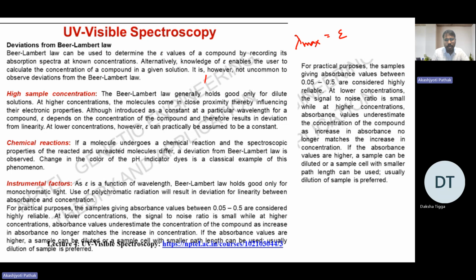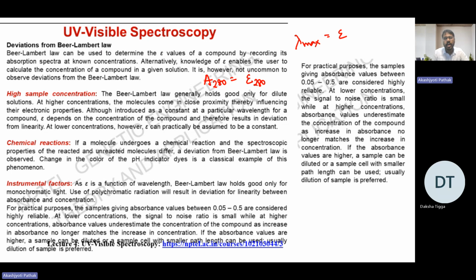So when you are, for example, measuring the absorption of a protein at 280 nanometer, you need to know the molar extinction coefficient of the protein at 280 nanometer. This will depend on the amount of light absorbed by the tryptophan residues, the tyrosine residues, the phenylalanine, the cysteine at 280 nanometer.